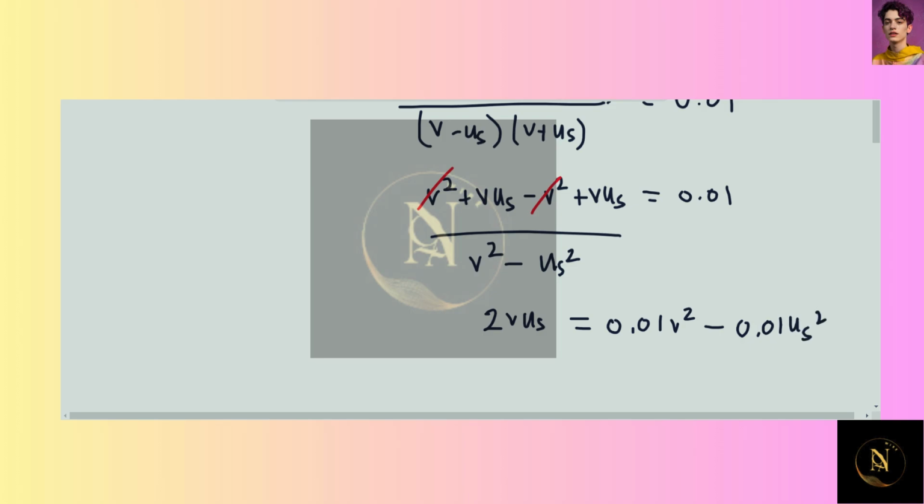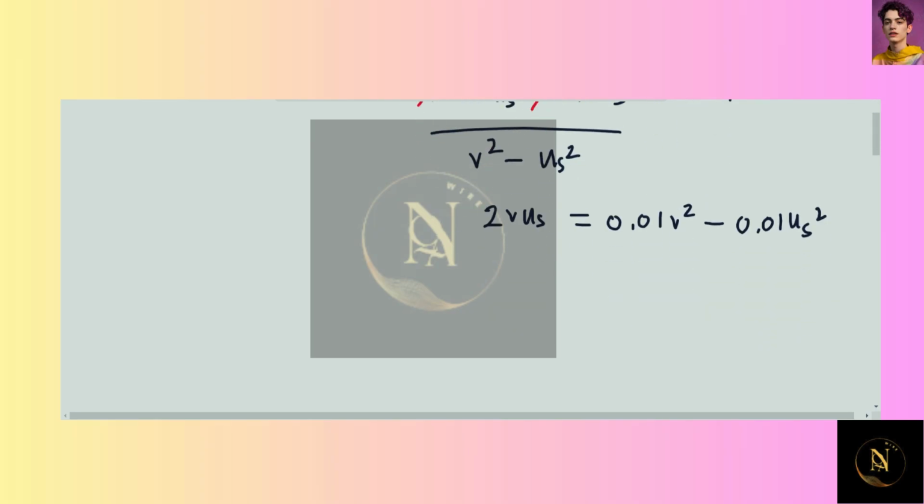Now I can sub in the V, that's 340 meters per second at this point, or I could have done it earlier, just a little bit cleaner. So I'm going to do that now, and I'm also going to pull the 2 V US to the other side. So we have everything equaling 0 here. So it's going to be negative 0.01 US squared minus 680 US, and then plus 1156.